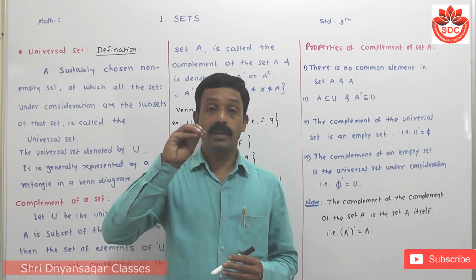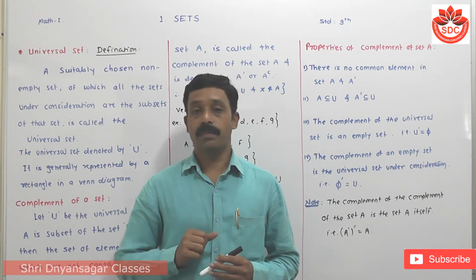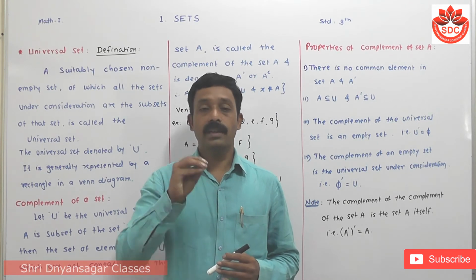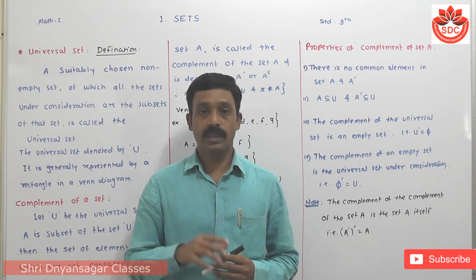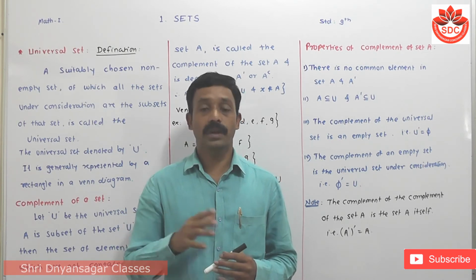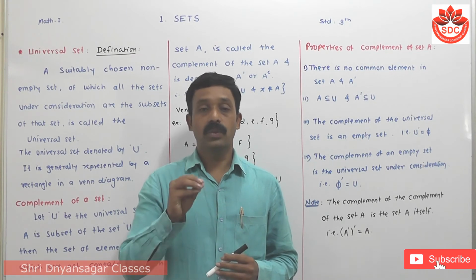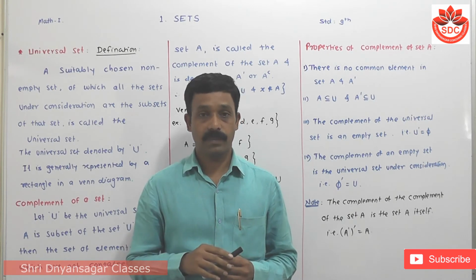At that time the non-empty set is our universal set. For example, in your school, the total number of students in the 9th class is our universal set. This is a non-empty set. Suppose set A contains the students only in division A of the 9th class.